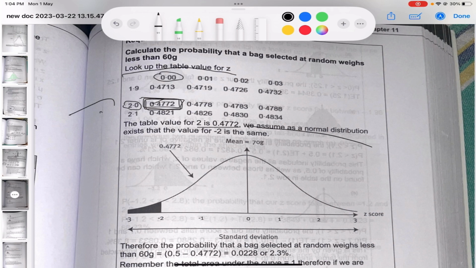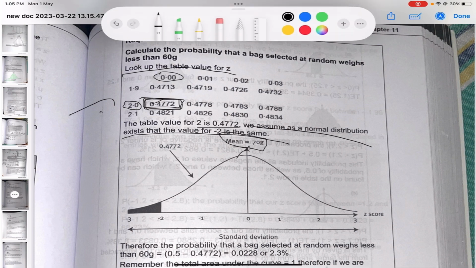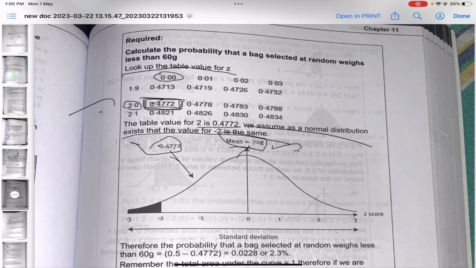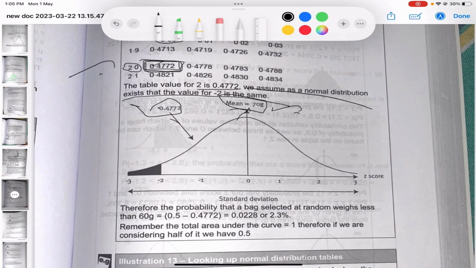We assume a normal distribution exists, so the value for -2 is the same. The mean is given in the question, which was 70 grams, and we have to find 0 to -2, so the answer is 0.4772.